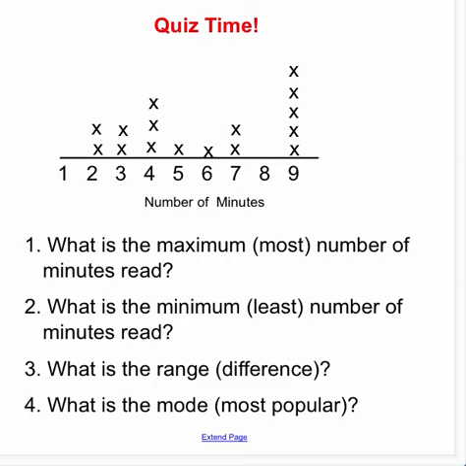Number 2, what is the minimum or least number of minutes that were read? Number 3, what is the range or the difference between the most number of minutes read and the least number of minutes read this day? And then question number 4 says, what is the mode or the most popular number of minutes that were read?